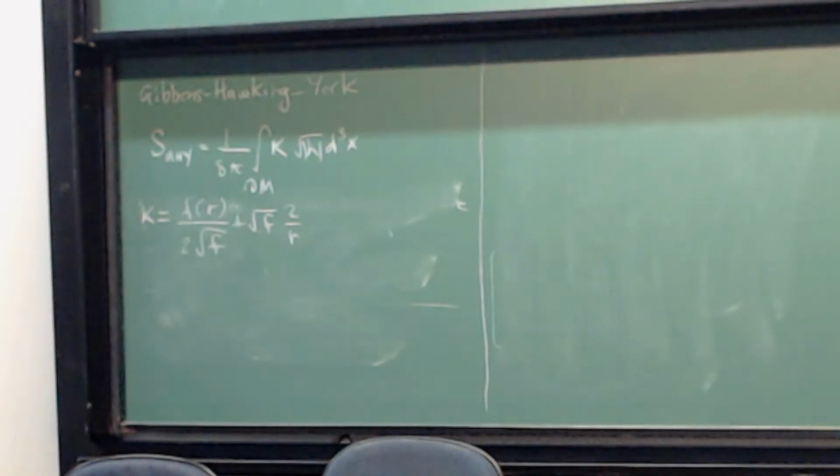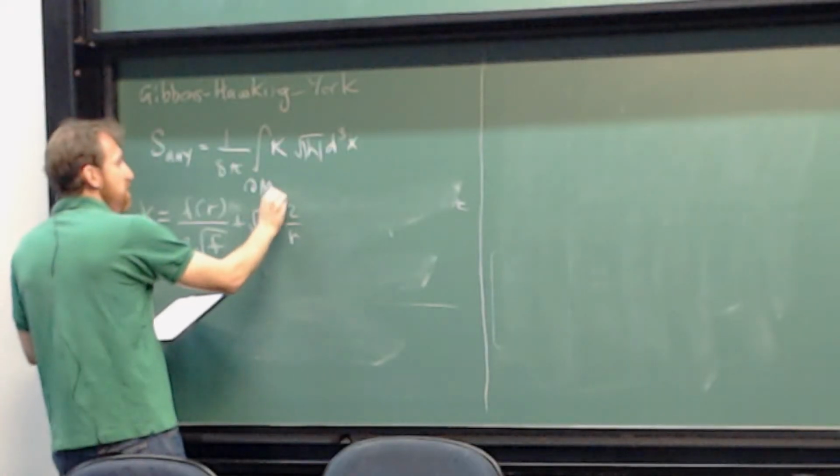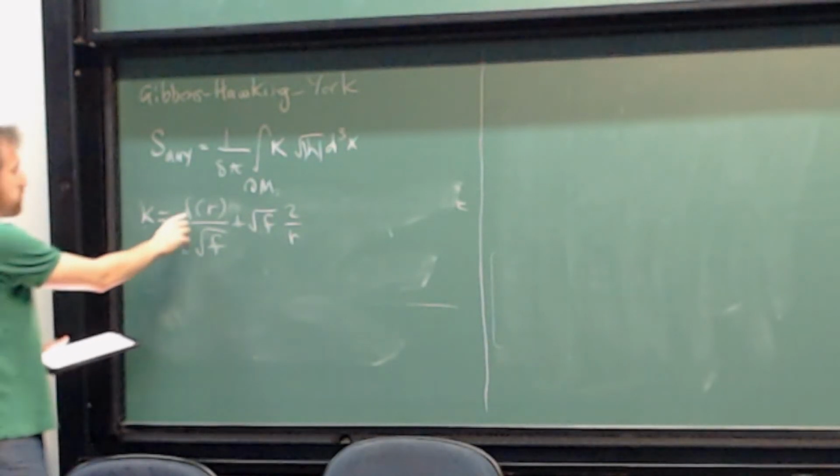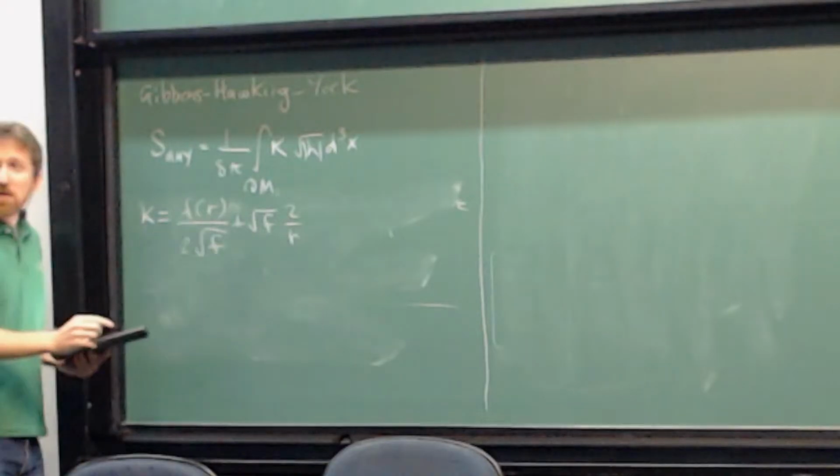So I need to compute the Gibbons-Hawking-York term here. Notice that this depends on the surface where I'm computing this, and this is the boundary at r is equal to r0. So it's just something that depends on r0, right?